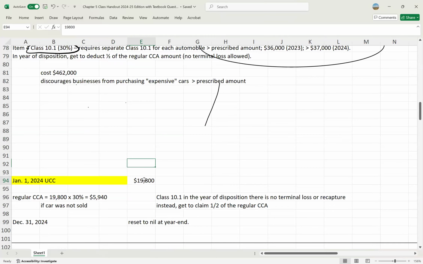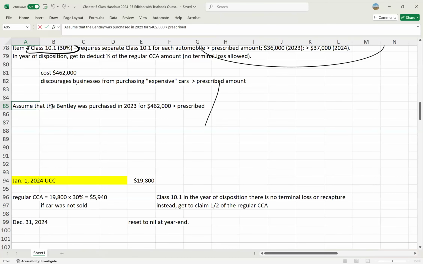How we got to this 19,800 is not required in the question, but I'm just going to make some assumptions here. So we're going to assume that the Bentley was purchased in 2023 and it was for 462,000. And once again, this is greater than the prescribed amount, which in 2023 was 36,000.